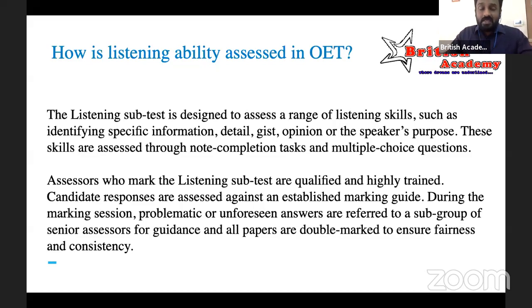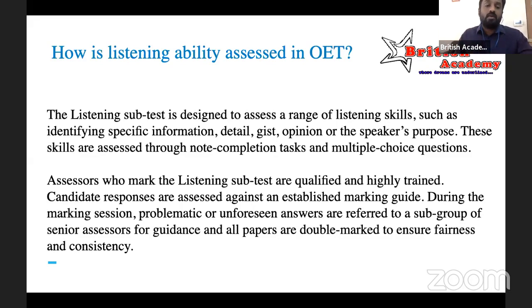The assessors who will be marking your listening subtest are qualified and highly trained, and they assess the response against an established marking guide. Sometimes candidates write a complete sentence in Part A. They may not write the exact words required. They may write a synonym of that word, or a complete sentence.